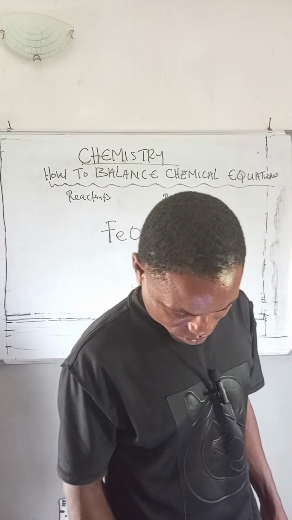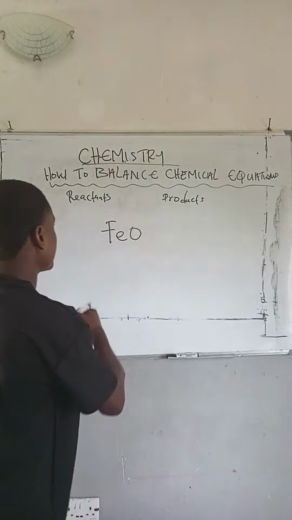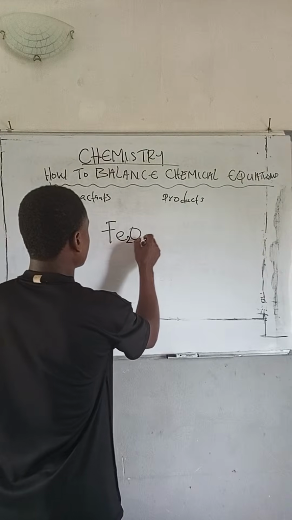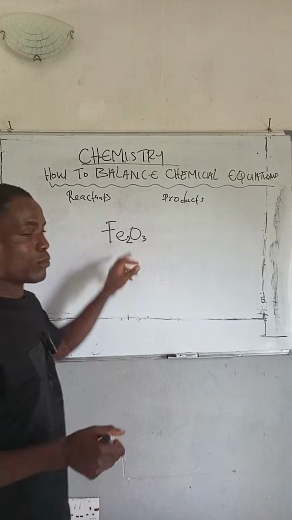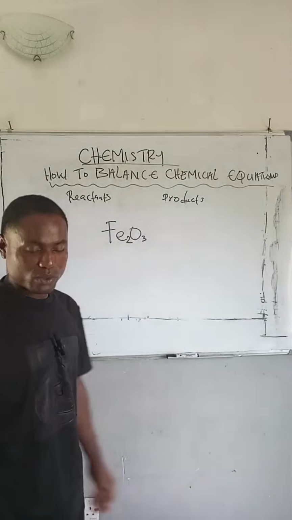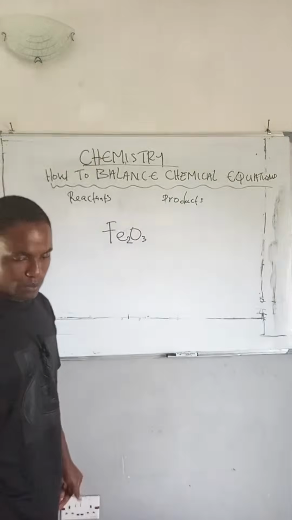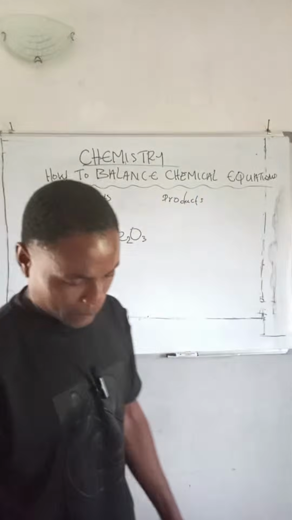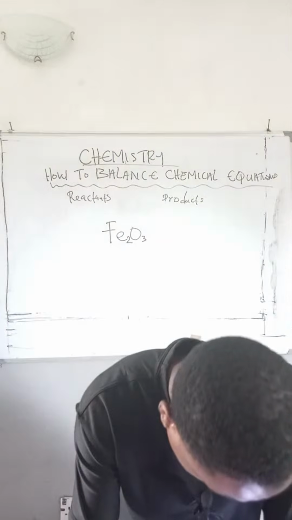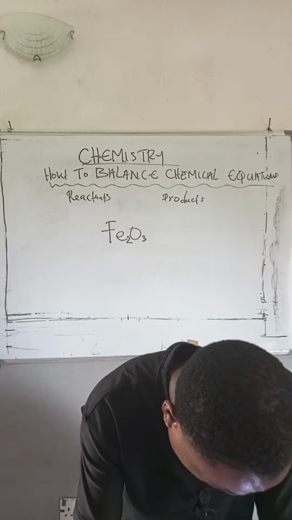Yeah, iron two oxide. Very correct. Okay, what if I make it two and three? So what is the chemical name of this compound? What is the name of that compound?